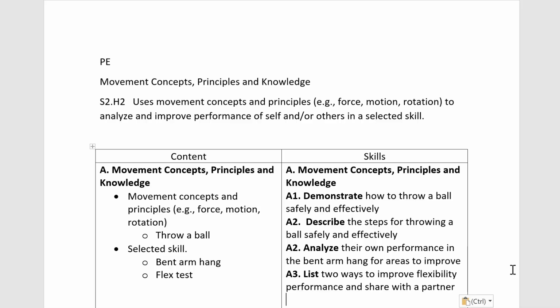Then the next piece is they actually have to improve their performance of self and or others. So as I'm thinking here about what is observable and measurable, what I would want them to do is actually list two ways to improve performance and share with a partner.